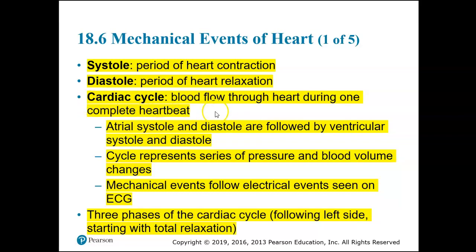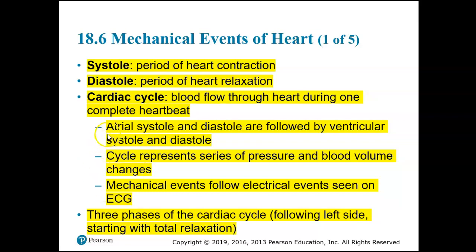So the cardiac cycle is referring to what happens during one complete heartbeat, which if you've ever listened to a heart with a stethoscope is just that lub-dub, lub-dub. Lub-dub is considered one complete heartbeat.